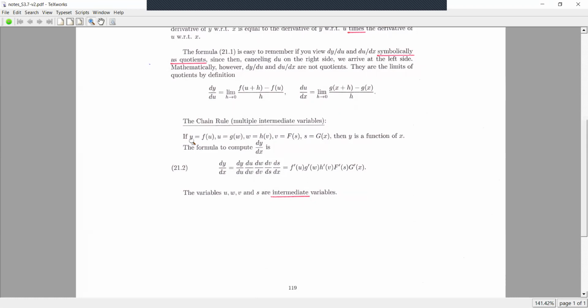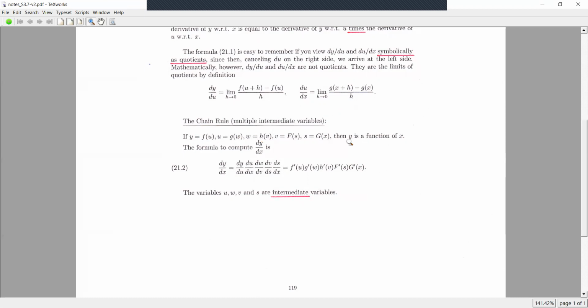Suppose y depends on u. U depends on w. W depends on v. V depends on s. And s depends on x. As a result, y depends on x. Therefore, y is a function of x.